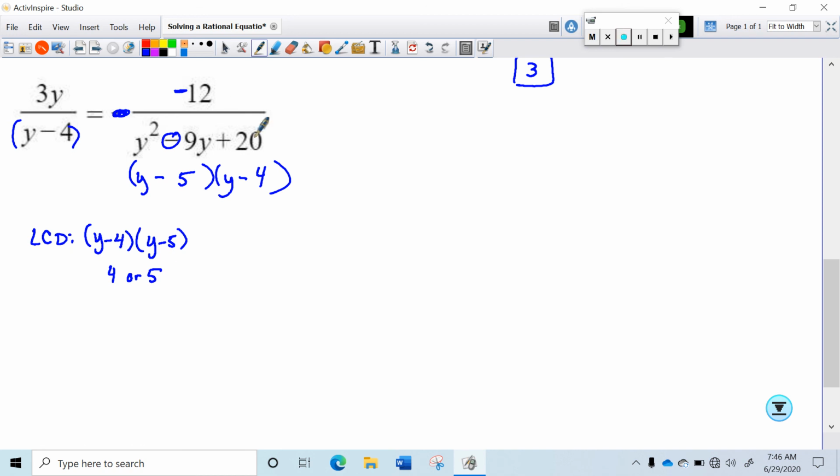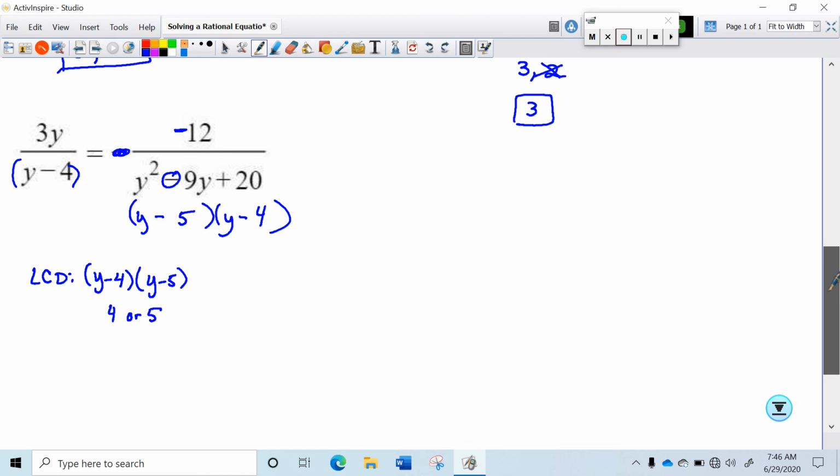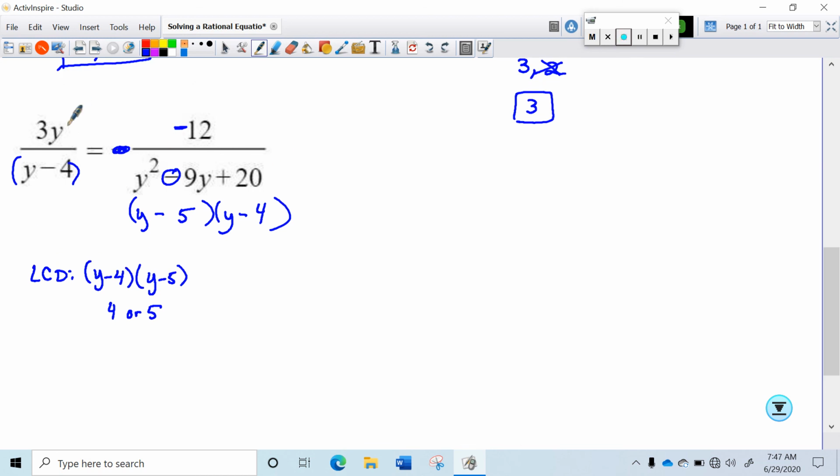Okay, so let's do this. Put my LCD with each term. Y minus 4 times y minus 5. Y minus 4 times y minus 5. Y minus 4 cancels with y minus 4. 3y times y is 3y squared. 3y times negative 5 is negative 15y.